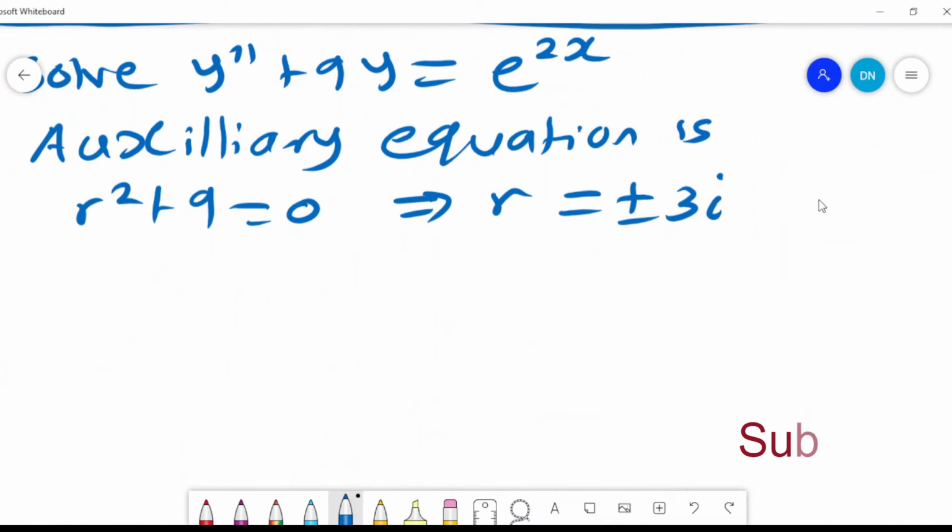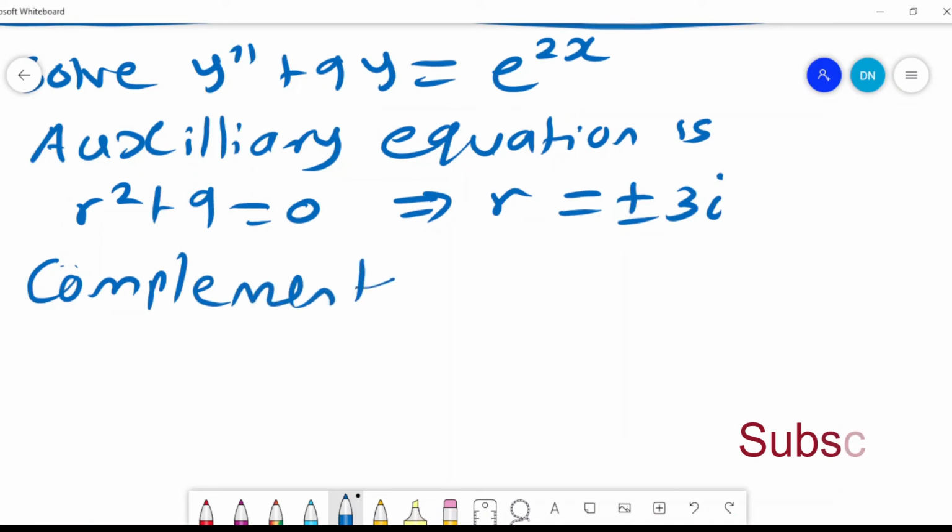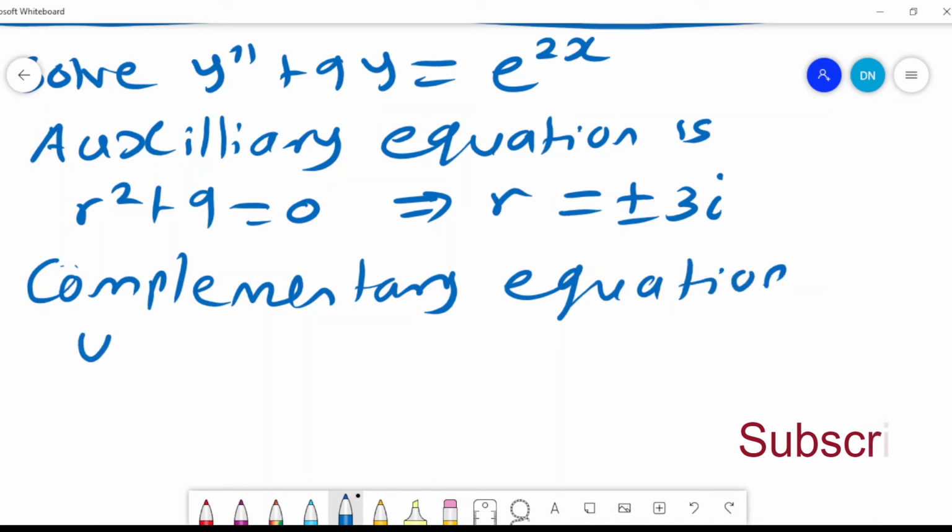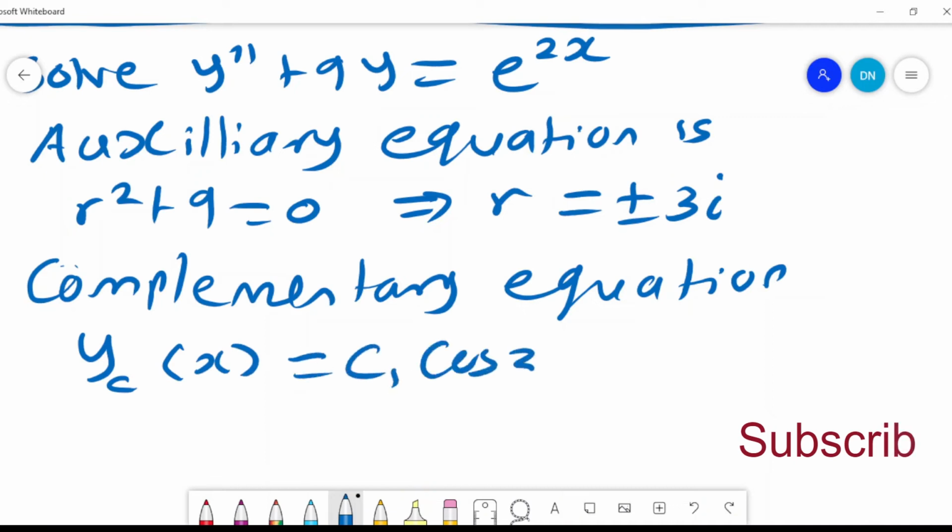Based on that, we can get the complementary equation. I call it yc, c for complementary, is equal to c1 cos 3x plus c2 sine of 3x.